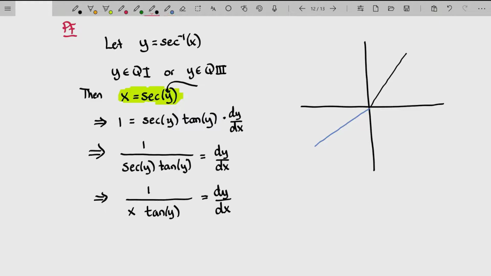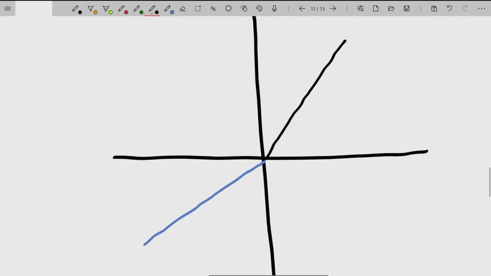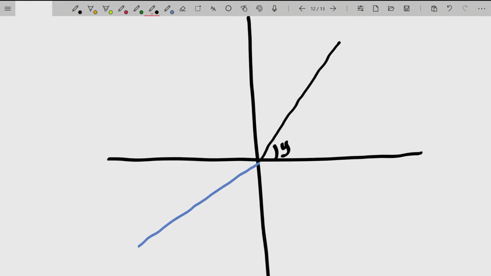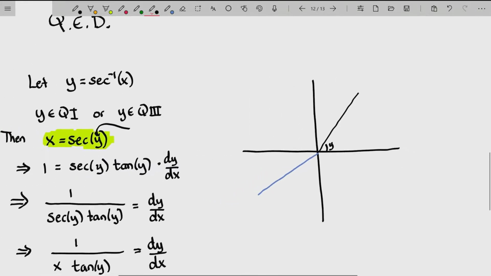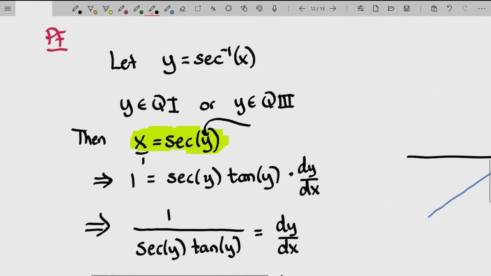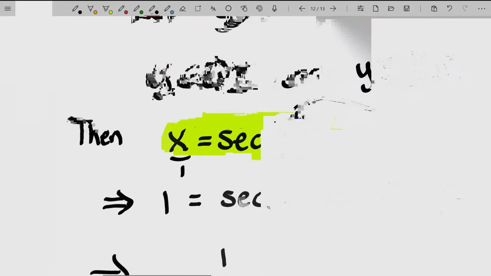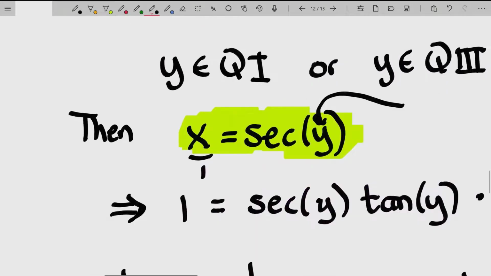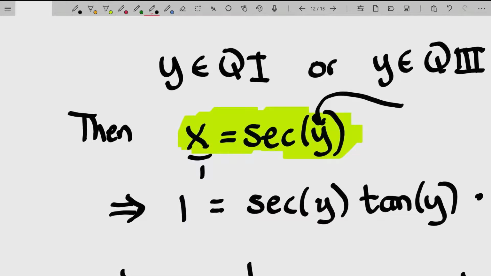Okay. So in quadrant 1, let's just pretend that it returned the angle in quadrant 1 for a moment. I'm drawing an altitude down to create a right triangle. We know that the secant is hypotenuse over adjacent, and we know the secant of y is x over 1. So the hypotenuse should be x and the adjacent side should be 1.